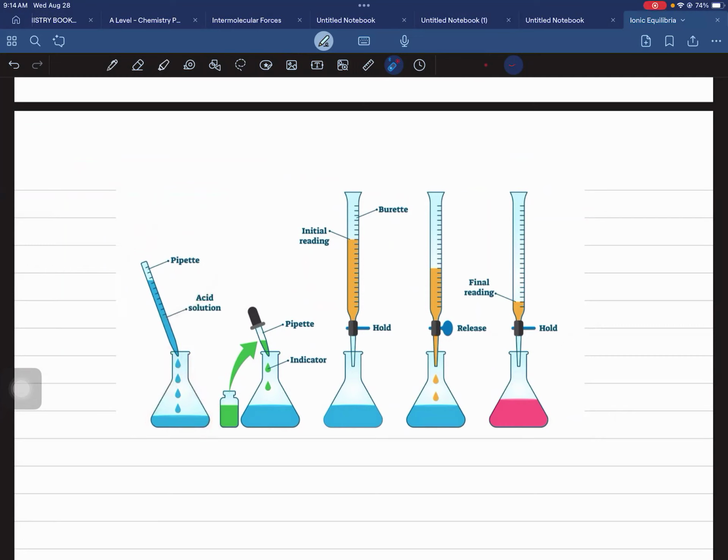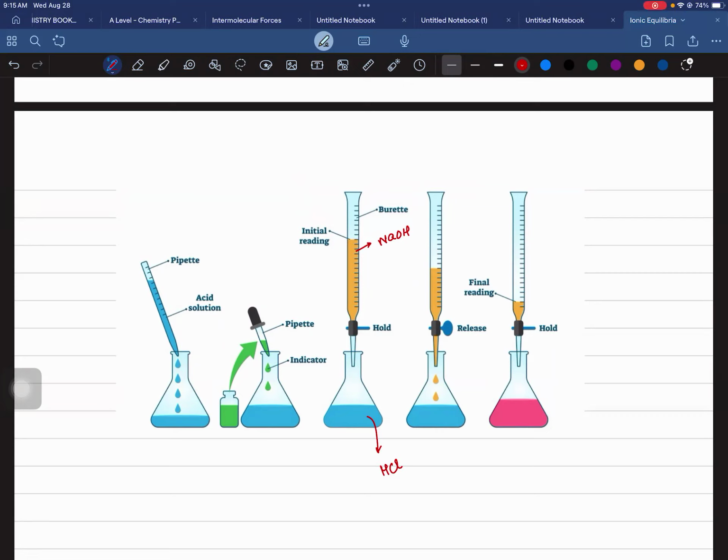Then I have taken a burette in which I had sodium hydroxide. In the burette I have NaOH. In the conical flask I have hydrogen chloride, hydrochloric acid.